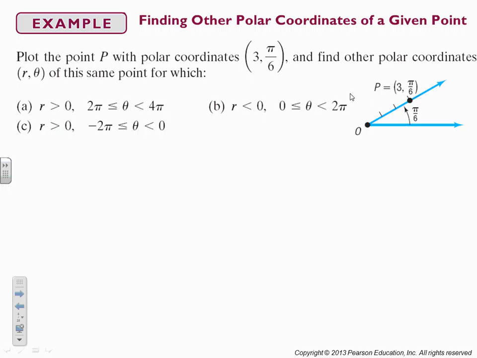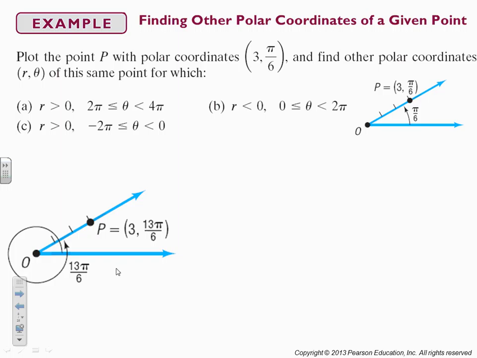So we've already gone around the circle once, that's 2 pi. And we're going to add another pi over 6 to it. So 2 pi plus pi over 6 is 13 pi over 6, and we still have a radius of 3. That would be another polar coordinate that has the same point as 3 comma pi over 6.